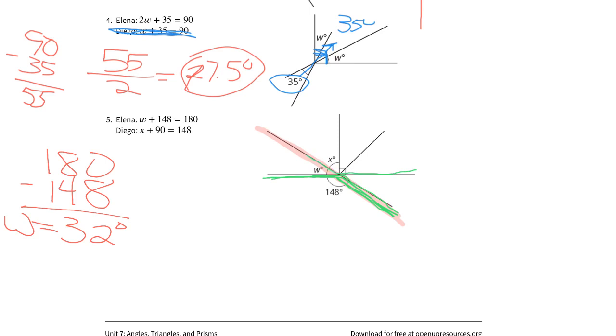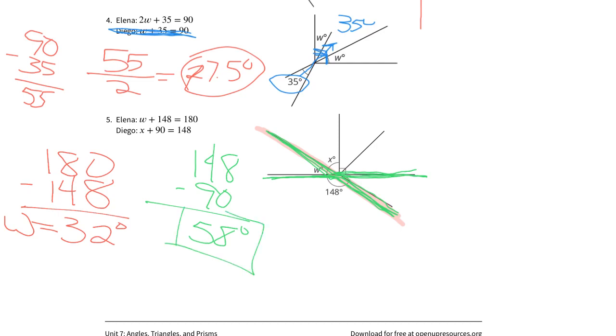It's a vertical angle to this one right here, which is X plus the 90 degrees. So Diego's right as well. So 148 minus the 90 gives me 58 degrees. So they're both right. Okay.